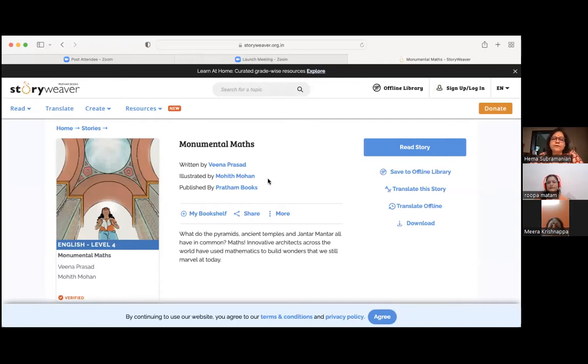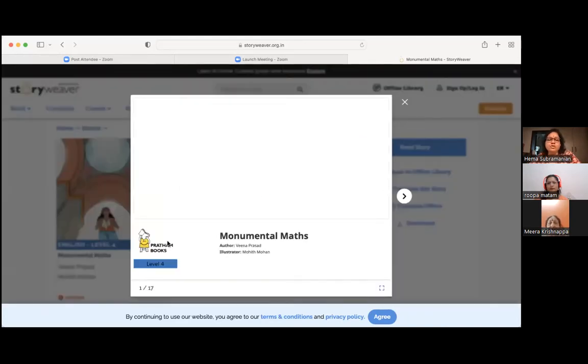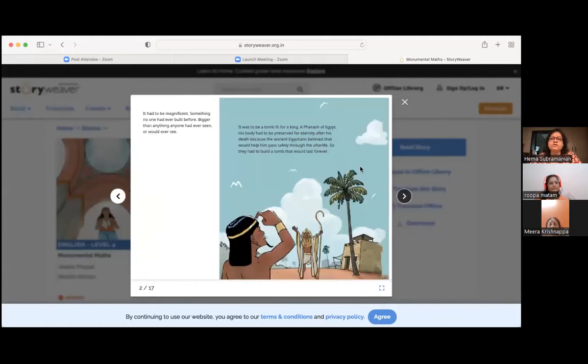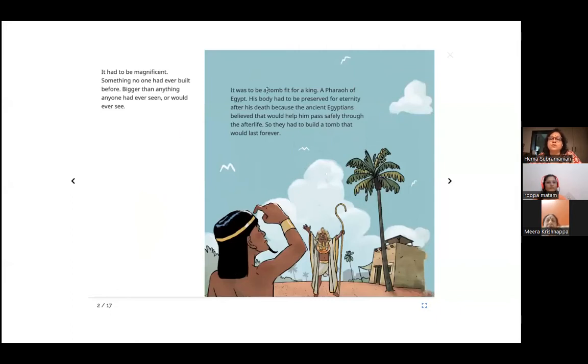So when we come back here, this is the story ma'am is talking about, Monumental Maths. Will we be able to go to the story from here? Yes, absolutely. So I'm just going to enlarge this. It is about a tome fit for the king.